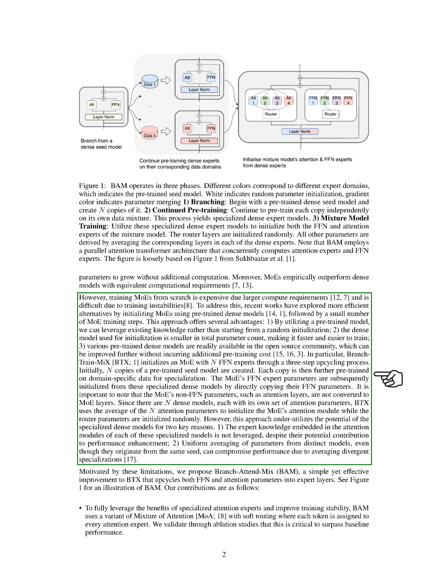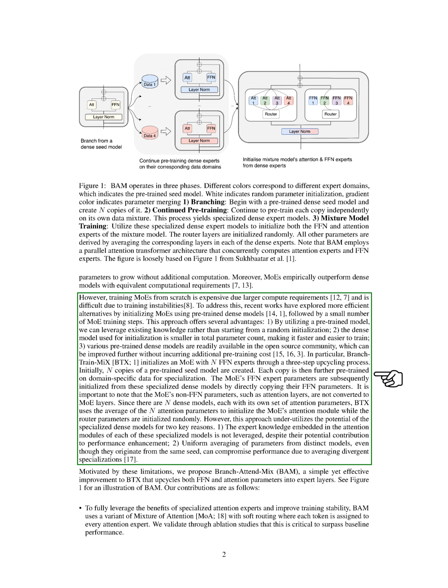Specifically, we introduce Branch Train Mix, BTX, which initializes an MOE with a set number of feed-forward network, FFN, experts through a three-step process. We create multiple copies of a pre-trained model, further train each on specific data, and then initialize the MOE's FFN parameters from these specialized models. However, we do not convert the attention layers to MOE layers.